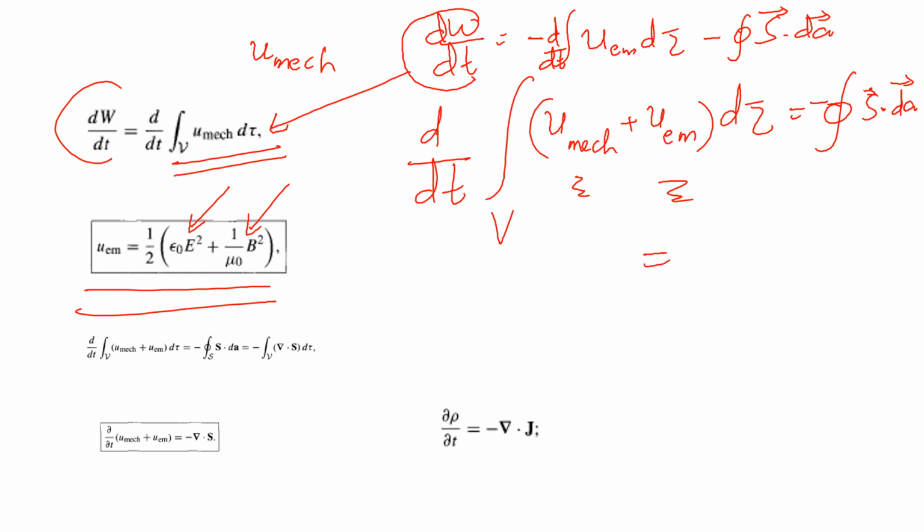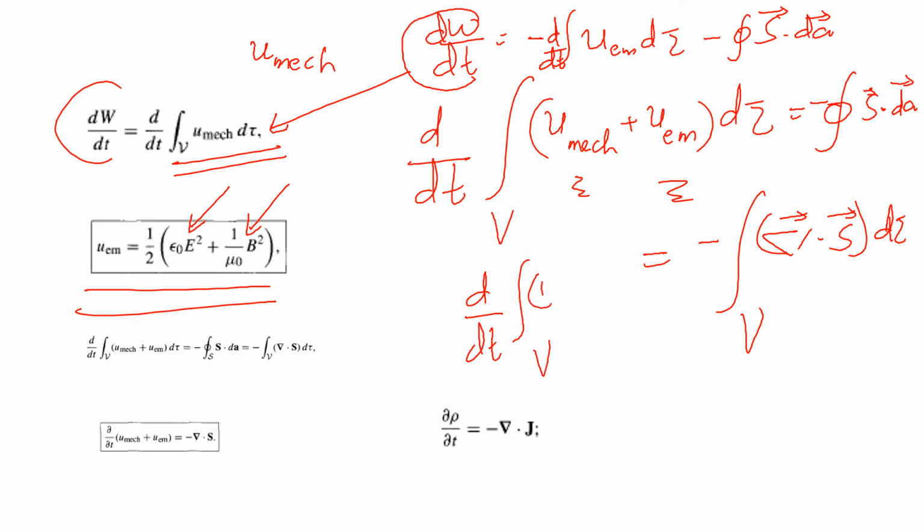And this surface integral can be rearranged to a negative volume integral of del dot S d tau. We can change the surface integral to a volume integral. So d by dt of the total energy is equal to the negative of del dot S d tau. So d by dt of the integral over volume of U mechanical plus U electromagnetic d tau.